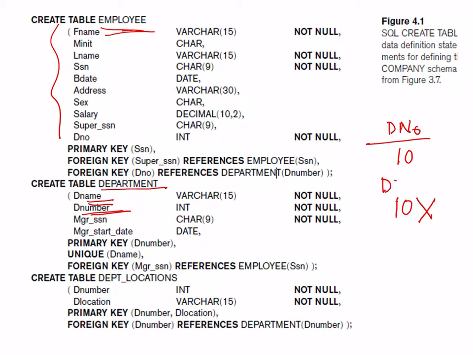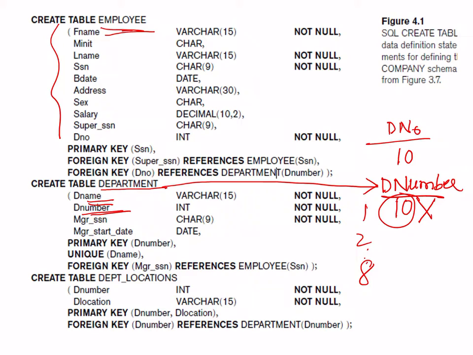So when I'm searching this column department number in the department table, I find that there is no mention of department number 10. I have 1 2 3 4 maybe till 8 only, but there is no 9 and 10. How do I claim that one person is working in department number 10 when there is no such department?